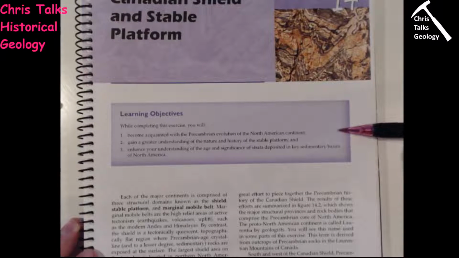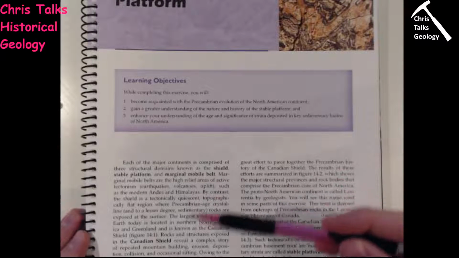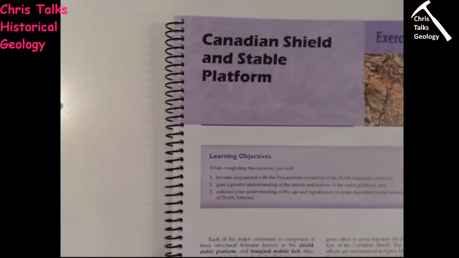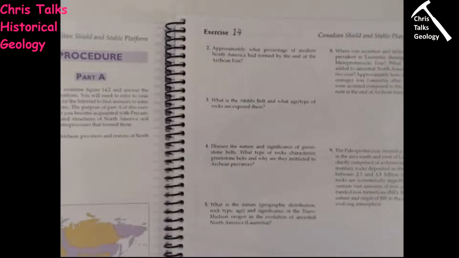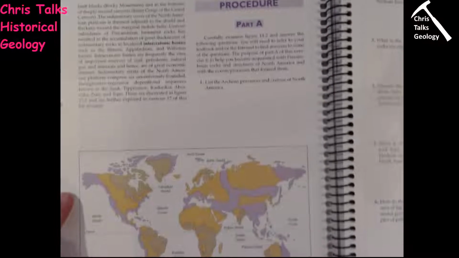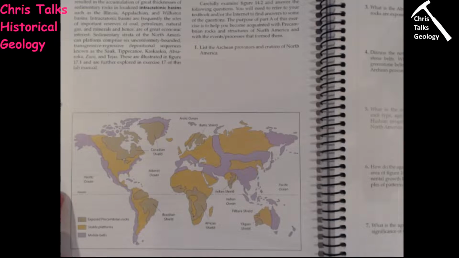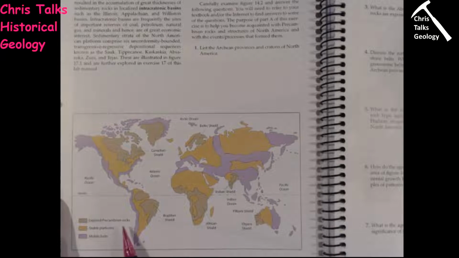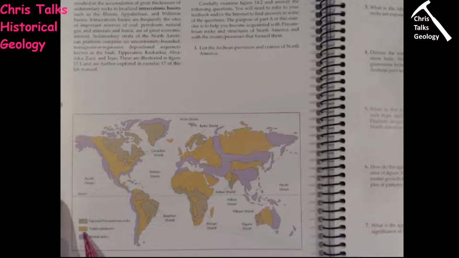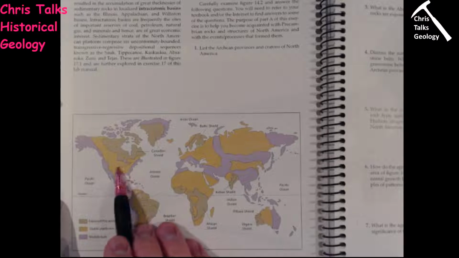So what do we have? Well, in the purple box here, of course, we have the learning objectives, and then a very brief rundown of the Canadian Shield and the stable platform, and that rundown continues onto page 218. There's even a diagram here which shows you areas of exposed Precambrian rocks in this brown colour. You can see here is the Canadian Shield. We have the stable platform in this golden colour, and that's the platform for North America there.